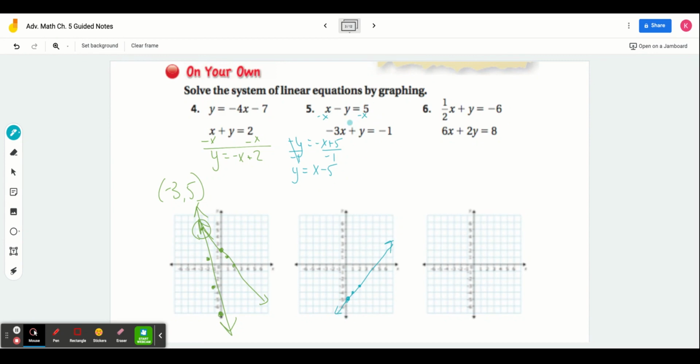Then for the next one, we can add 3x to both sides. We would get y equals 3x minus 1. So again, a slope of 3.